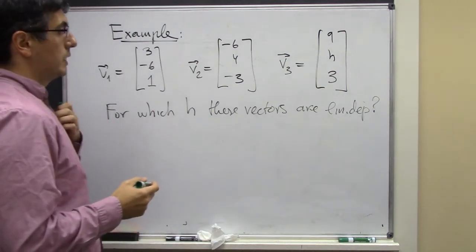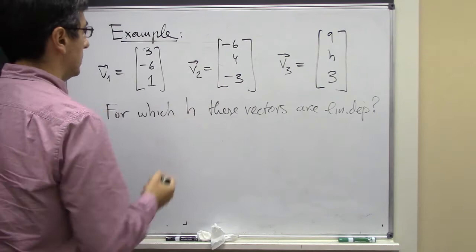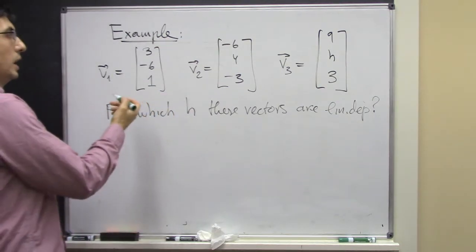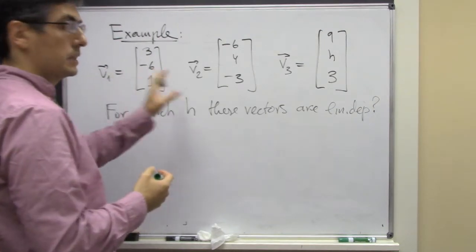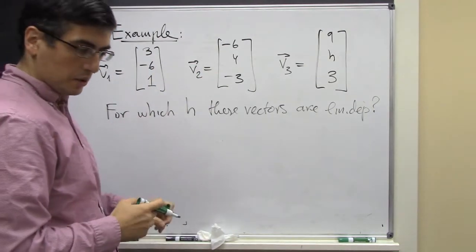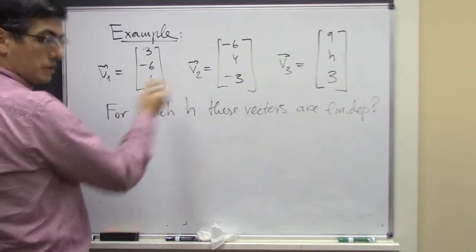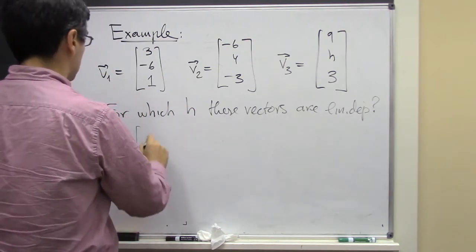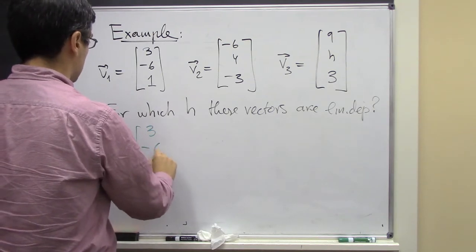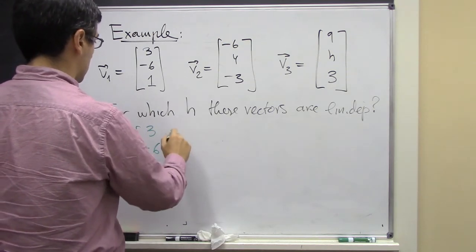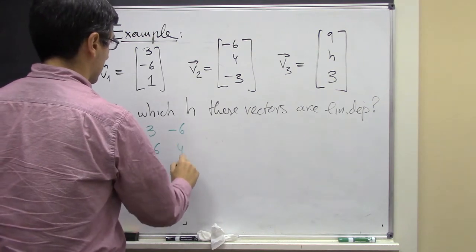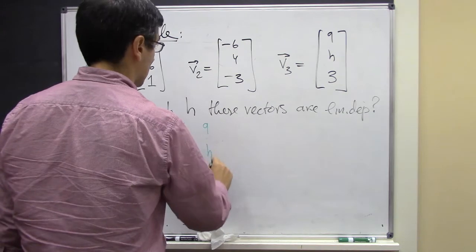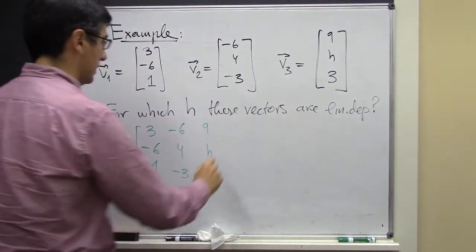Okay, so as I said, this type of question is equivalent to asking whether a matrix equation has non-trivial solutions. And the matrix that corresponds to these three vectors is 3, -6, 1; -6, 4, -3; 9, h, 3.